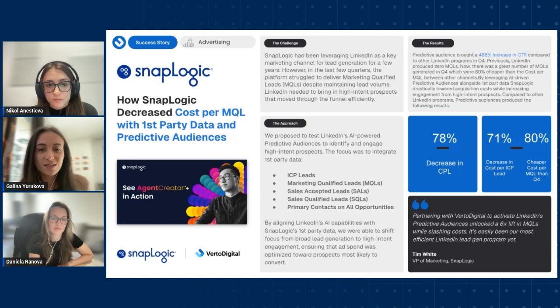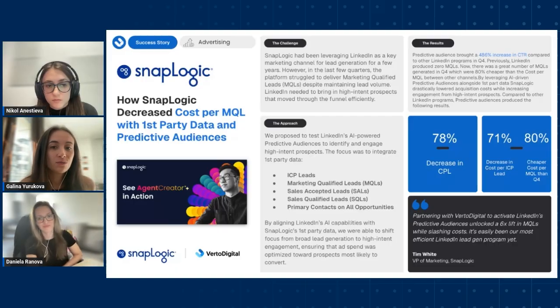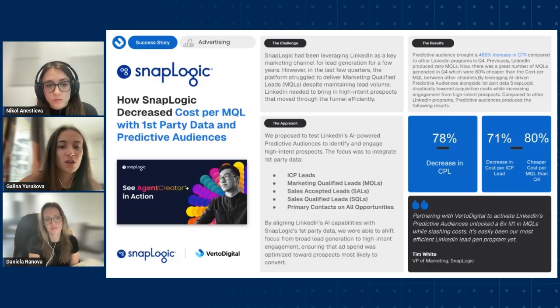LinkedIn's predictive audiences helped us in Q4 last year to really drastically lower our acquisition costs while increasing engagement from high intent prospects. As we can see here, our approach was building lists around the different lifecycle stages that the client had in their CRM and converting that into predictive audiences.